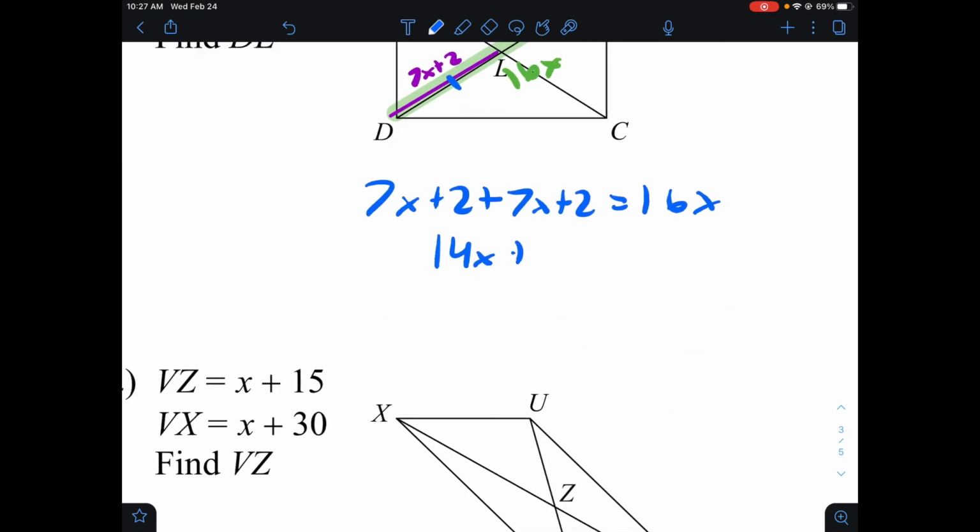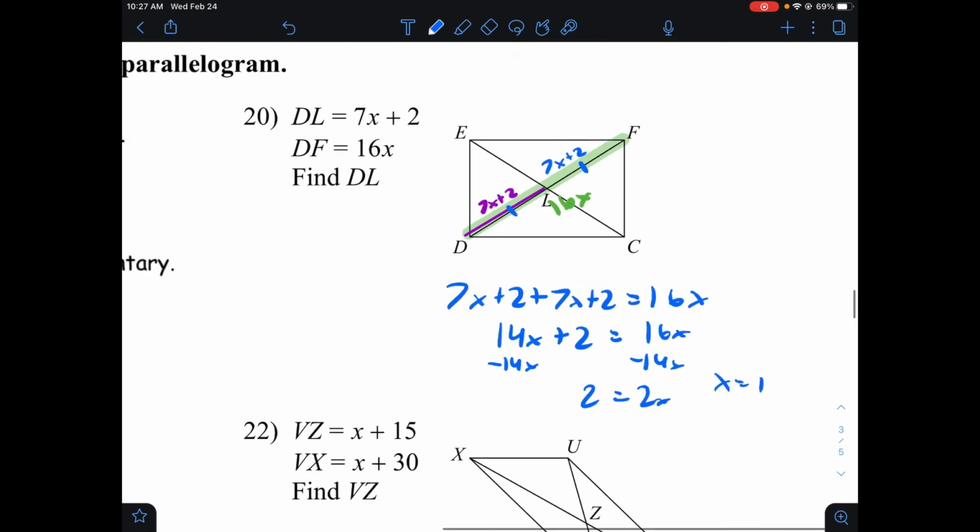And we get 14x plus 2 equals 16x. Subtract 14x, and you get 2 equals 2x, x equals 1. So then to answer the question, what is DL? Since DL is 7x plus 2, you plug in the 1, you do 7 times 1 plus 2, and you get 9.